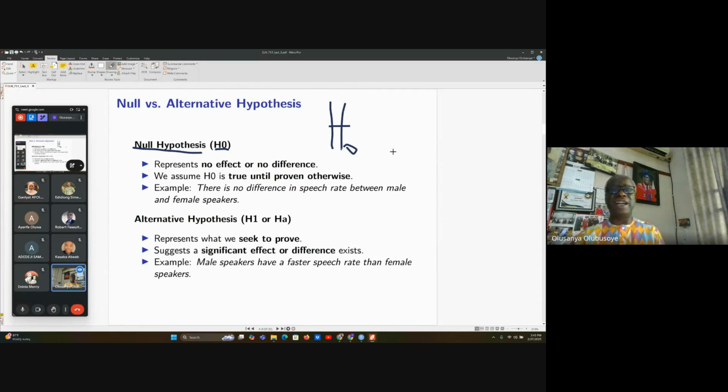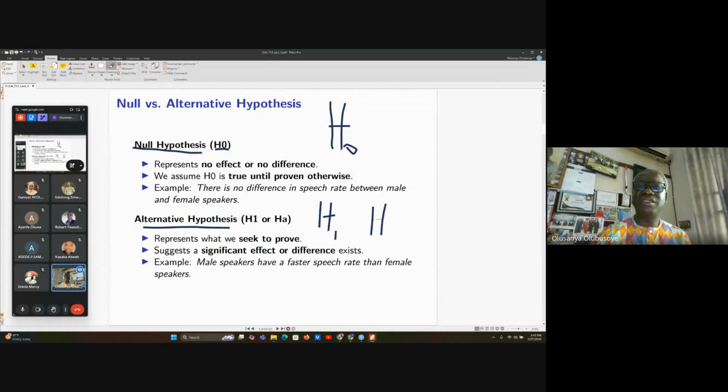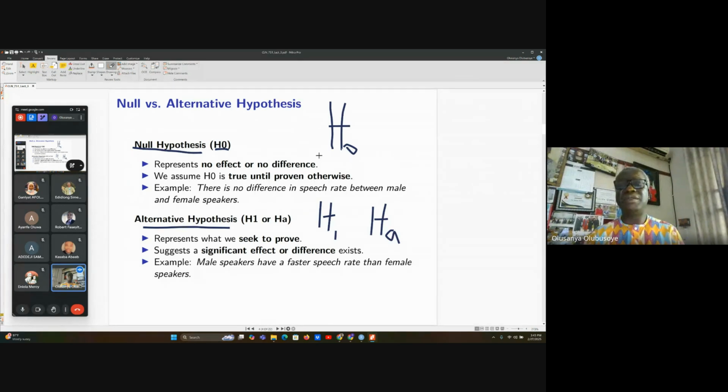The alternative hypothesis is also written either as H subscript 1 or H subscript A. So for null, we can have H0, but for alternative, we could have H1 or we have HA.